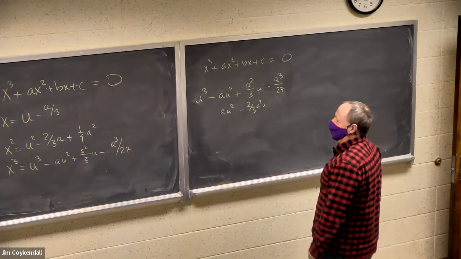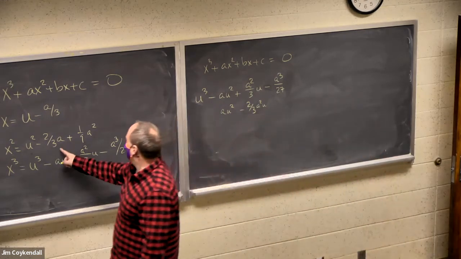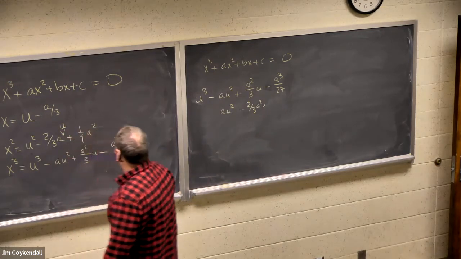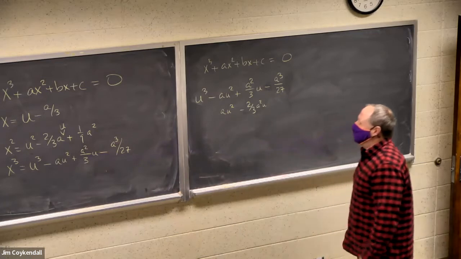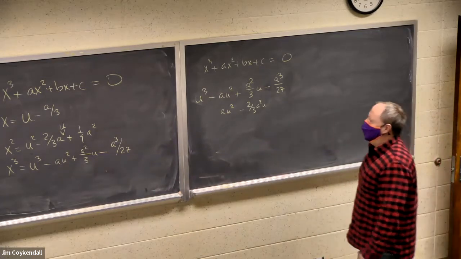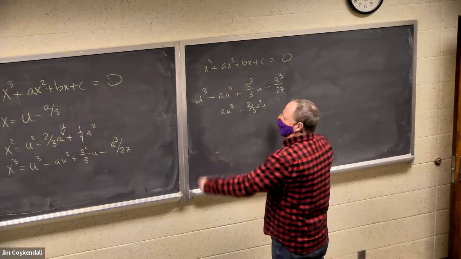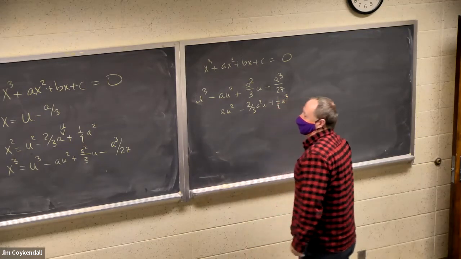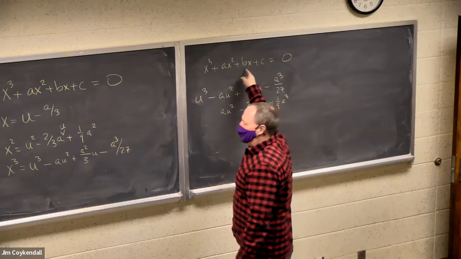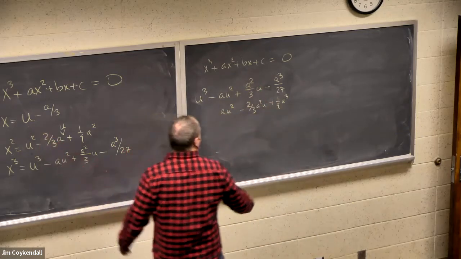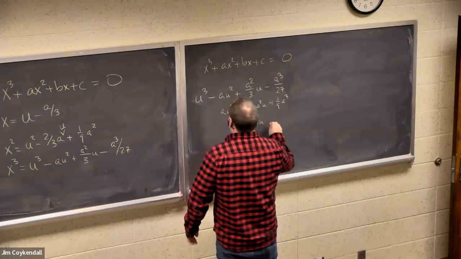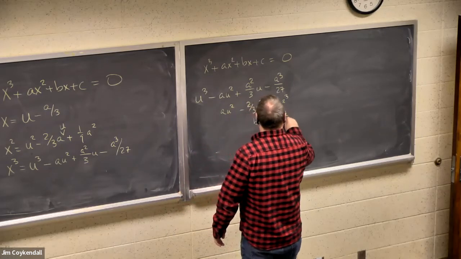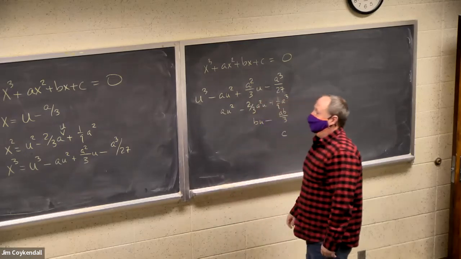Yes, I'm sorry, there should be a u here as well. And finally, plus 1/9 a cubed. And then what do I get? I get a b times x, so that's going to be bu minus ab over 3, and then I'm going to get my c.